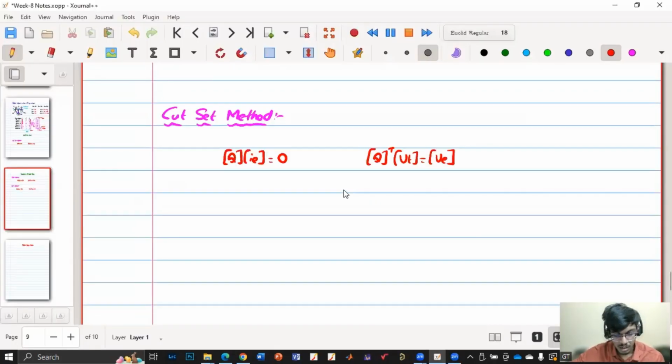So I'll mention here. The A matrix is called a reduced incidence matrix.